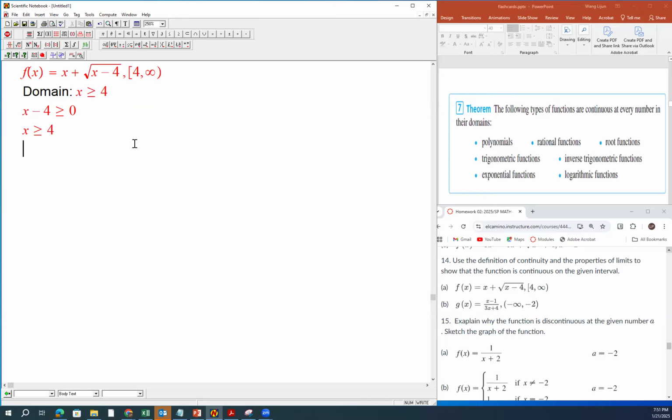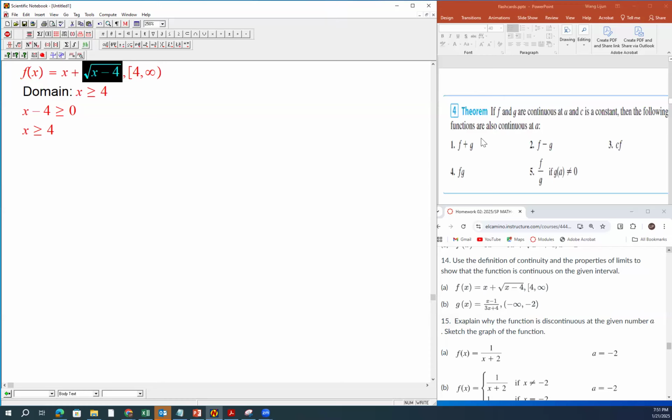And by the theorem, we have demonstrated the domain of the function is x greater than or equal to 4, and this is the sum of a polynomial and a root function. F is a polynomial, G is a root function. Therefore we use these theorems combined, so we can say F is indeed continuous on this half open interval.